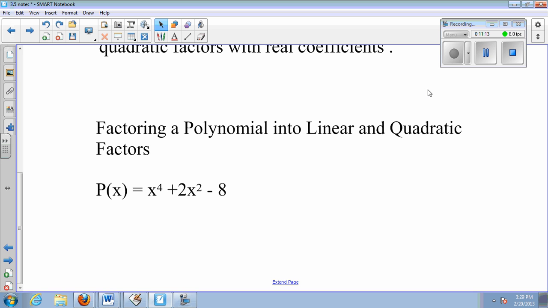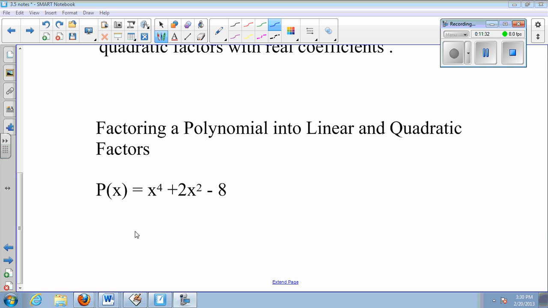So factoring a polynomial into linear and quadratic factors, we have p of x equals x to the fourth plus 2x squared minus 8. So we see an x to the fourth and an x squared, negative 8 and 2.